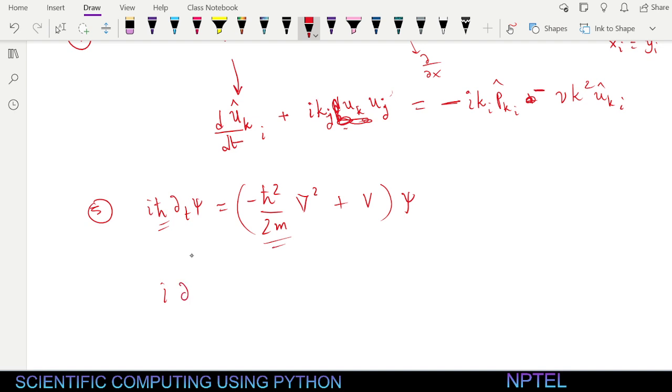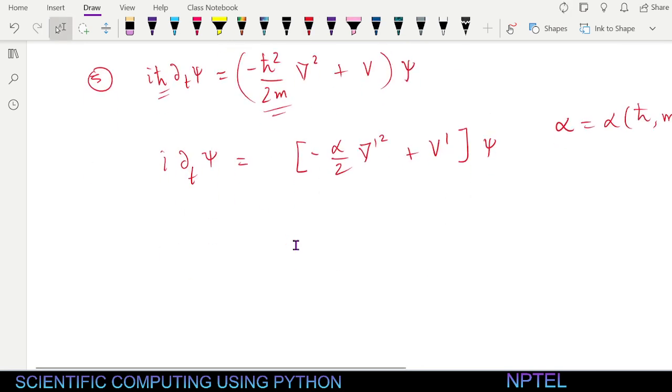So you get del by del t psi is equal to minus alpha by 2 gradient square plus V prime psi, right? And alpha is some combination of h-bar, m, and the scales, which are R_a and E_F. This we'll do later, right? It's one of the assignment questions.